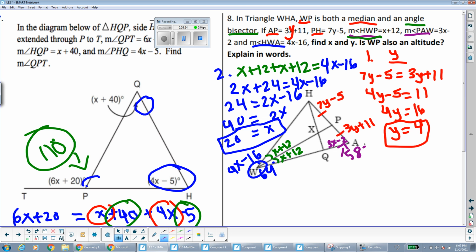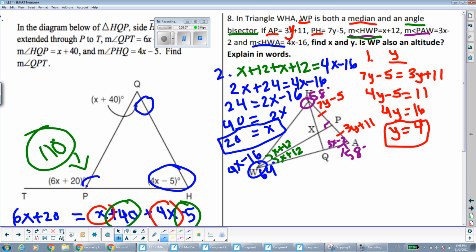And I know that all three angles of a triangle always add up to 180 degrees. Since I know what angle W is and what angle A is, I can find what angle H is. That would be 58 plus 64, and that's 122. I'm going to subtract that from 180, and that makes this 58 degrees as well over here.